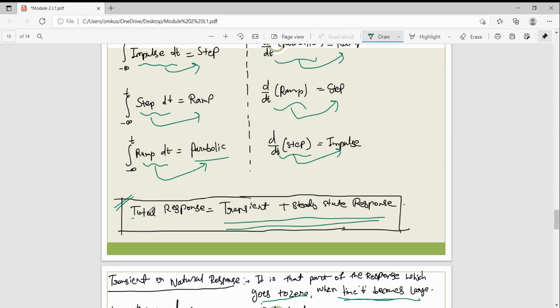Now the total response is always the transient plus the steady state response. Transient response is the response that occurs when you do a switch operation; after that, some natural response happens. You can say that some harmonic or some transient happens in your circuit. That transient value is only for some time, a particular time instant, right?